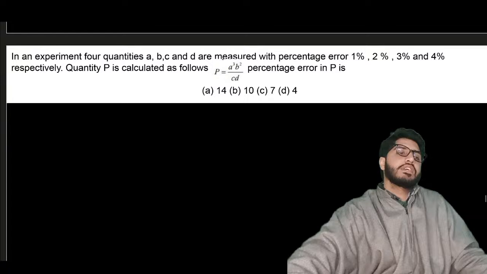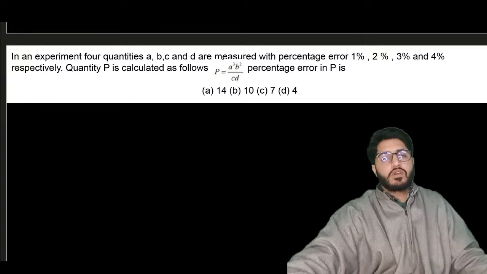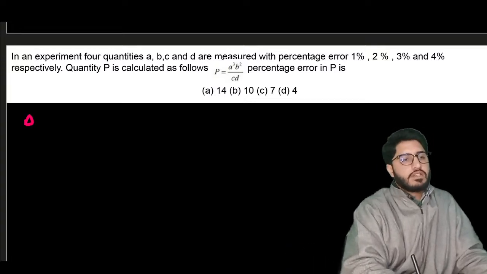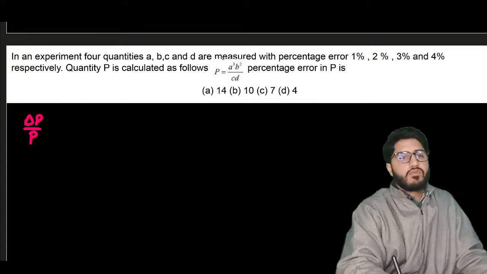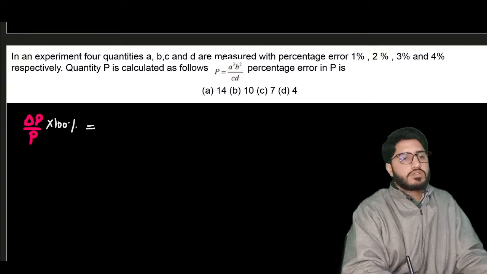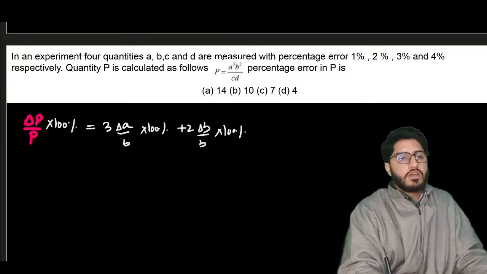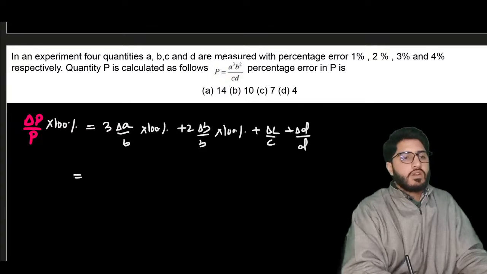One more, from errors. In an experiment, four quantities A, B, C, and D are measured with percentage errors 1%, 2%, 3%, 4%. Quantity P is calculated as follows. How can we get it? Easy. Delta P by P into 100% equals 3 times delta A by A into 100, plus 2 times delta B by B into 100, plus delta C by C plus delta D by D. Look, it is 3.